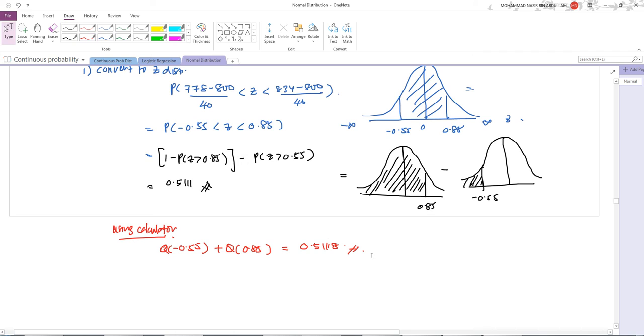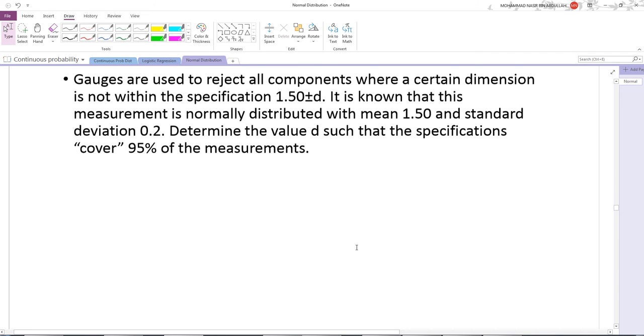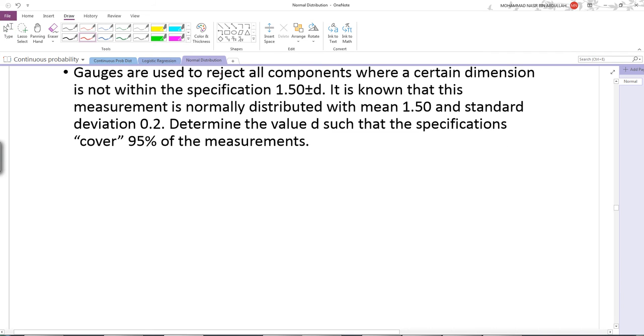Let's do the last question before we take a 10-minute rest. And after the break, we will go into normal approximation to binomial distribution and normal approximation to Poisson distribution. The last example is quite a difficult example, but it's basically a simple example, not difficult. A gauge is used to reject all components where a certain dimension is not within the specification, 1.5 plus minus d.